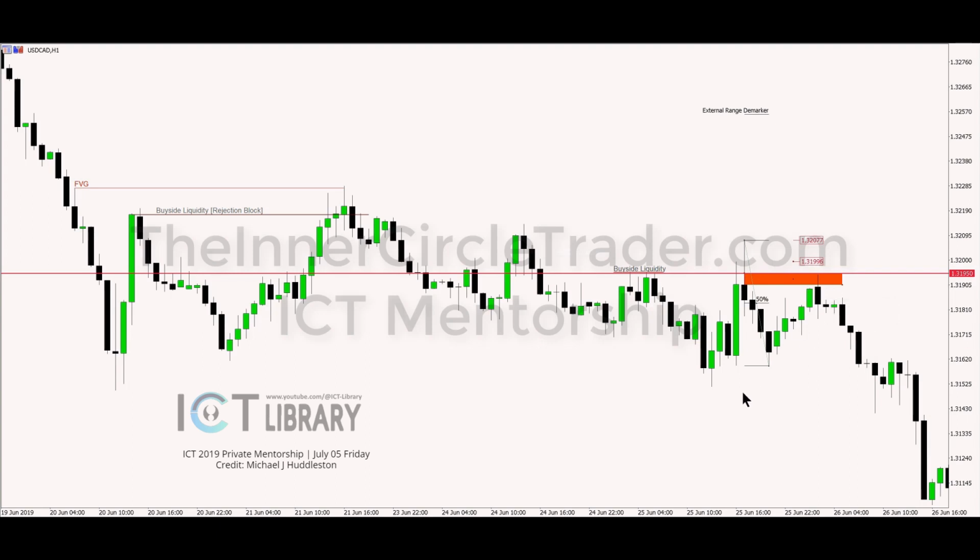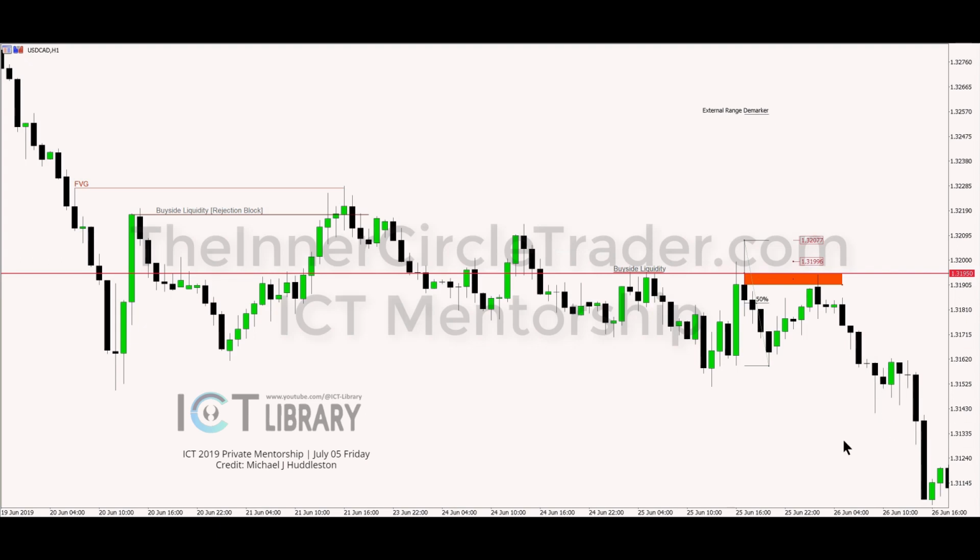So the point in all this is there's no real magic to using this long wicked candle here. Just because it's a long wicked candle, you can't say, well, that's a doji or that's a pin bar, so therefore I'm going to be a buyer, because look what happens. It doesn't do anything for you.